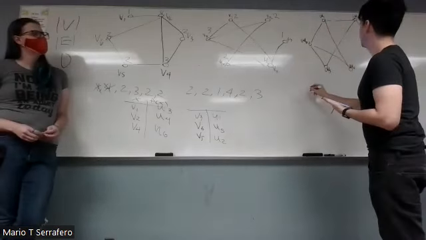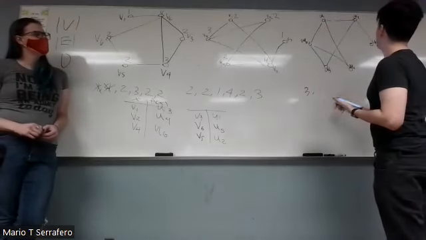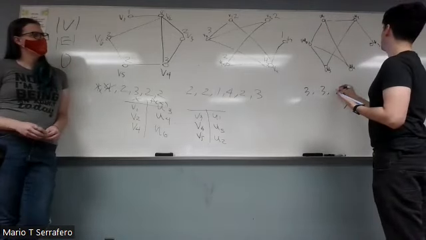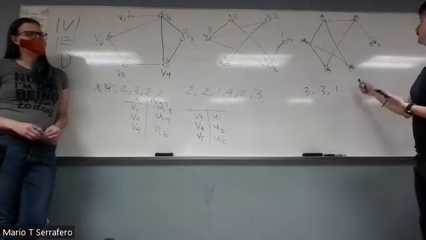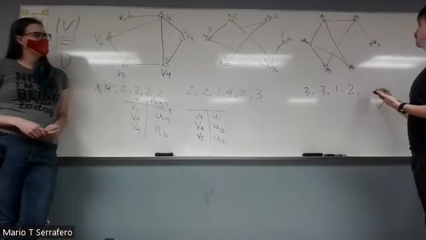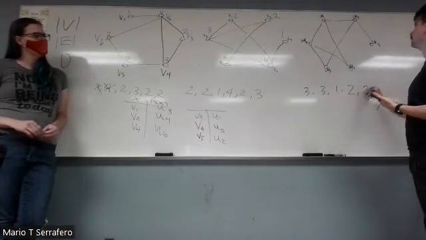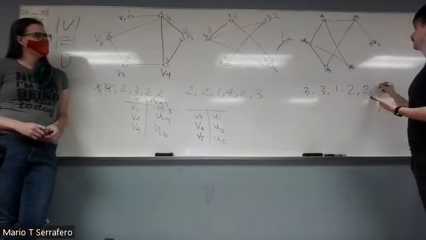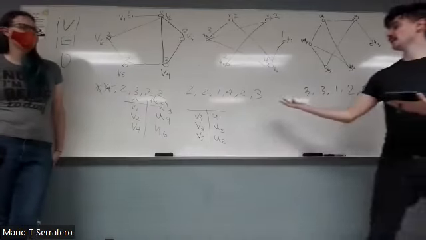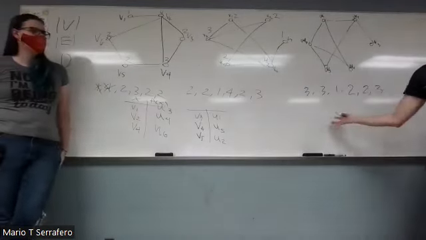So W1 has degree 3, and W2 has degree 3, and W3 has degree 1, and W4 has degree 2, and W5 has degree 2, and W6 has degree 3. Curious. Here we have a 4, but here we do not have a 4.